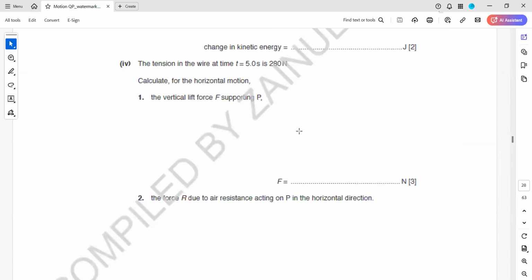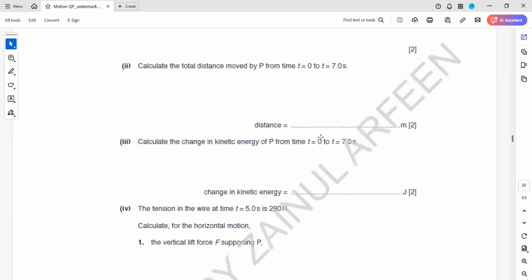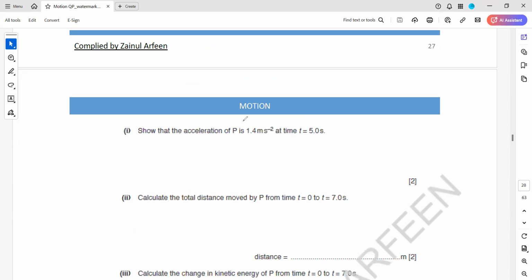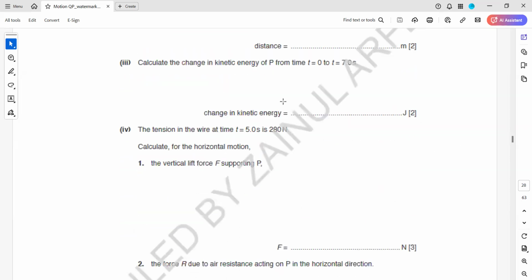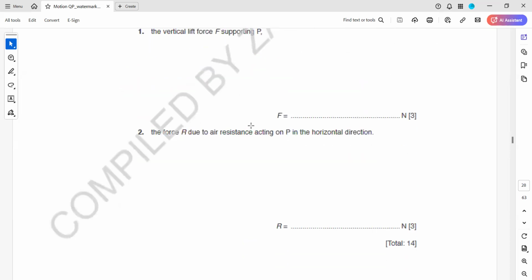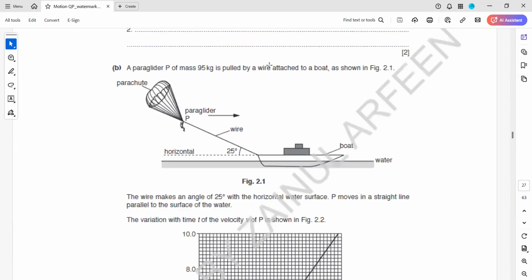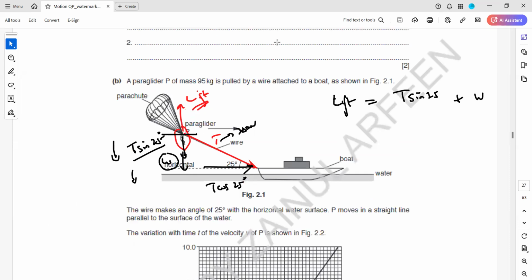Then the force R due to air resistance is acting, because he's accelerating. We are shown that his acceleration is 1.4. He is accelerating horizontally, and they mentioned we need the air resistance. Air resistance tries to oppose the motion.